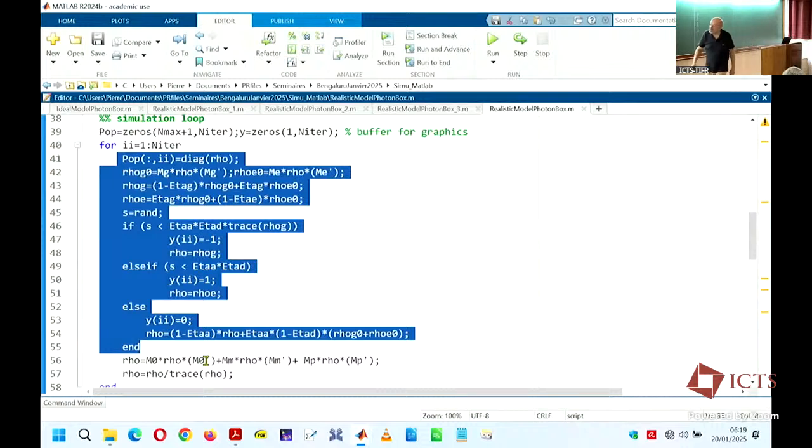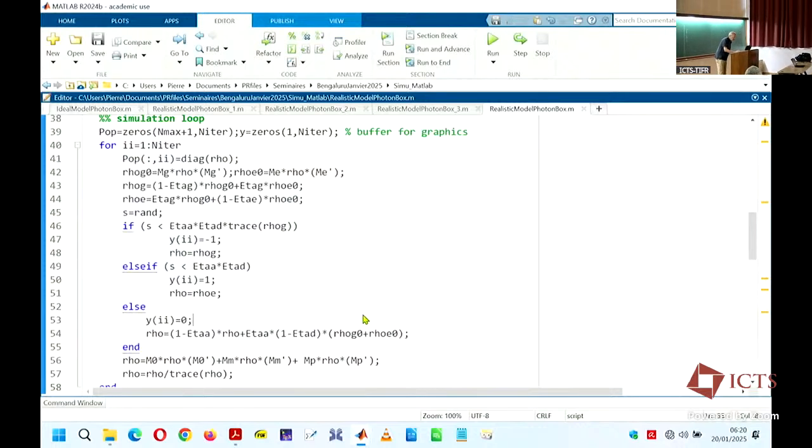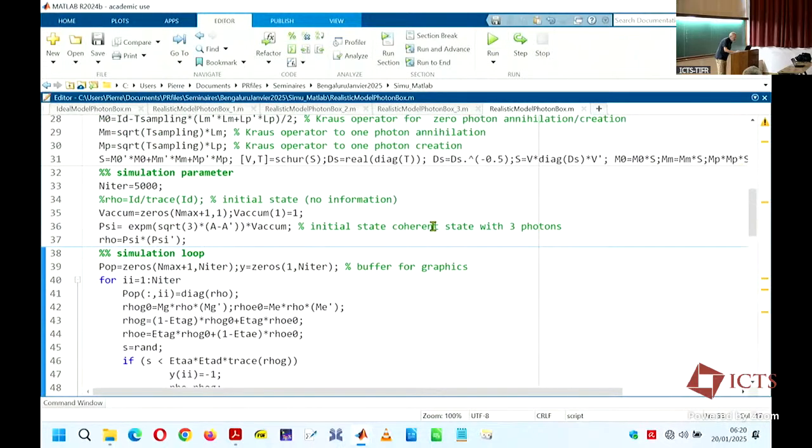So I have another map, which is this one, corresponding to a thermal environment of a photon, with M0, M minus, and M plus corresponding to no photon change, plus one photon, minus one photon. You do this. In fact, it corresponds to a thermal environment. And you can put all this, and at the end, you obtain something like this. So I will show a simulation on this.